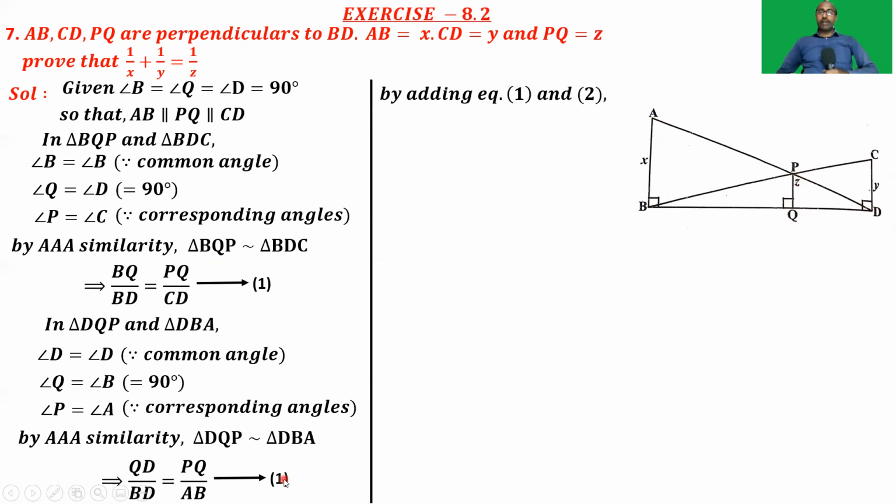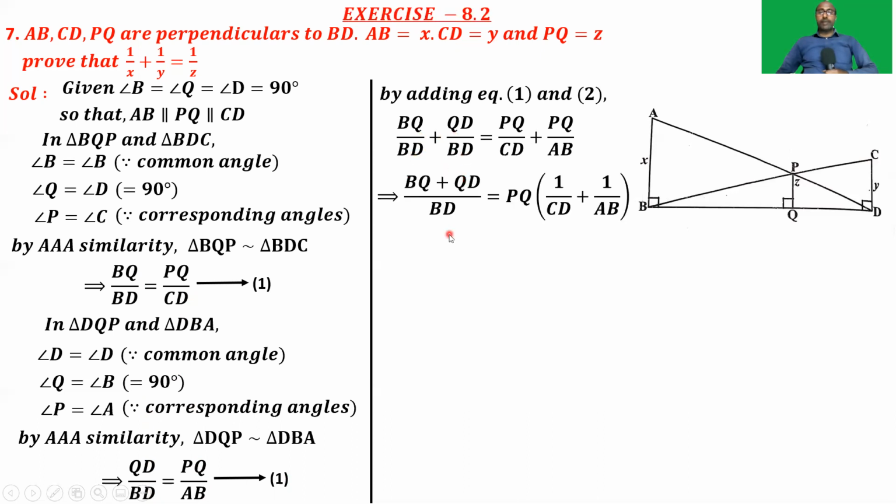By adding equations 1 and 2, we get BQ by BD plus QD by BD is equal to PQ by CD plus PQ by AB. So add these two fractions, BQ plus QD by BD, and take PQ common in these two fractions.